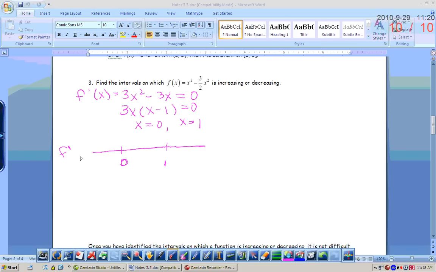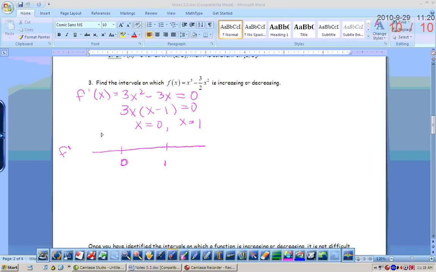What's a good test point between negative infinity and 0? Negative 1. Okay, so if I want to figure out whether the derivative is positive or negative, am I going to plug negative 1 into f prime or into f? F prime. Good. It doesn't matter which form you plug it into. I usually like to plug it into the factored form, because if I plug negative 1 into 3x, I'm going to get a negative, and then times another negative.